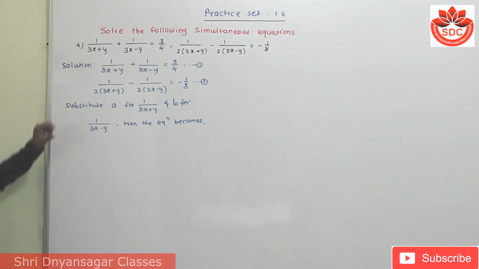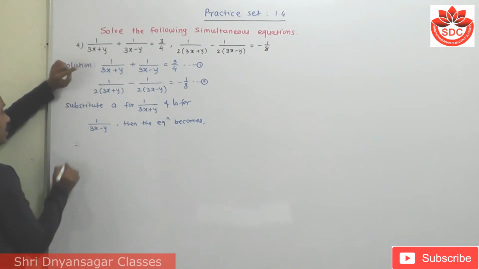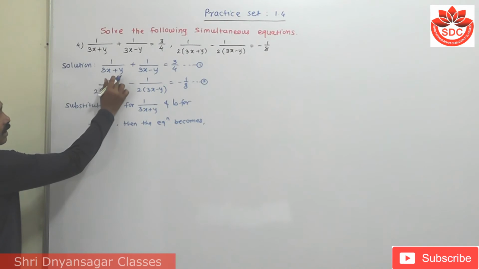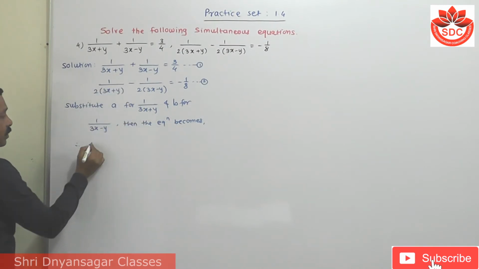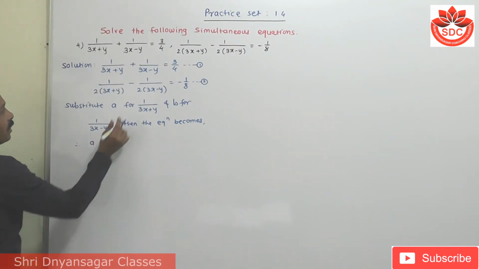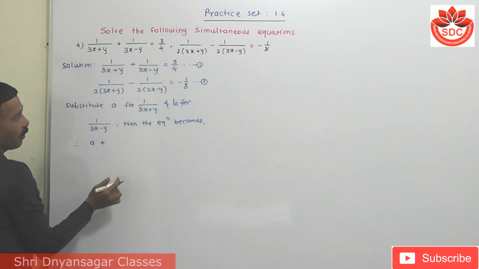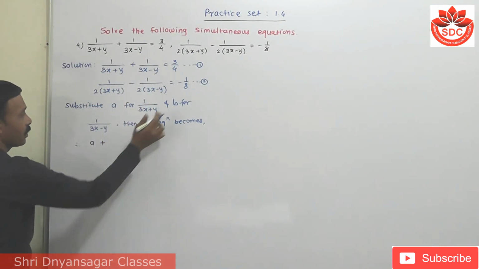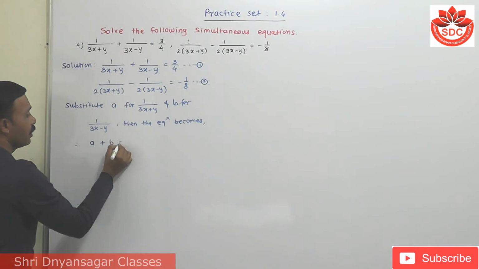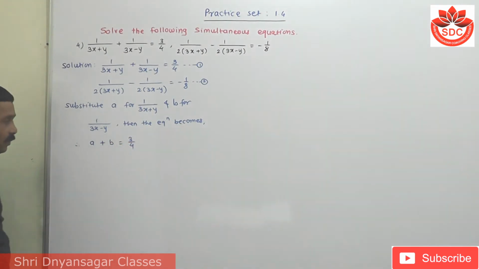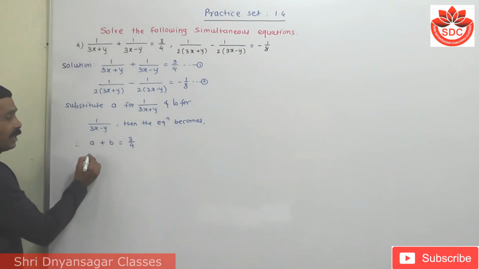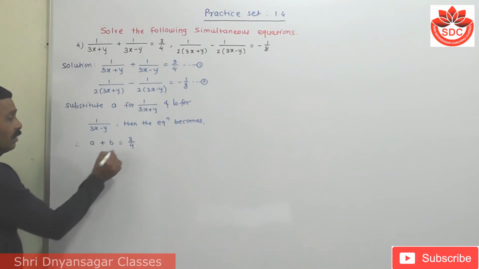Now these equations are reduced by using these substitutions. We write here, therefore 1/(3x + y) = a, so I have to write here a plus this 1/(3x - y) = b, so I have to write here b = 3/4. Student, I have to remove this 4 also. Now for removing this 4, we multiply this equation by 4.